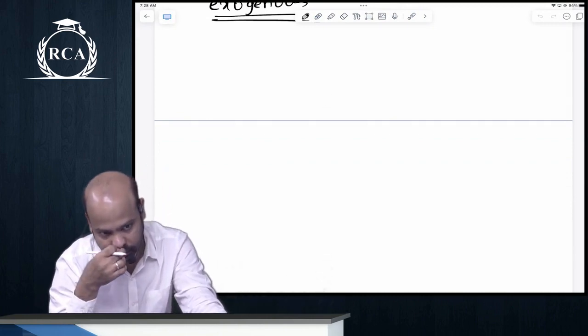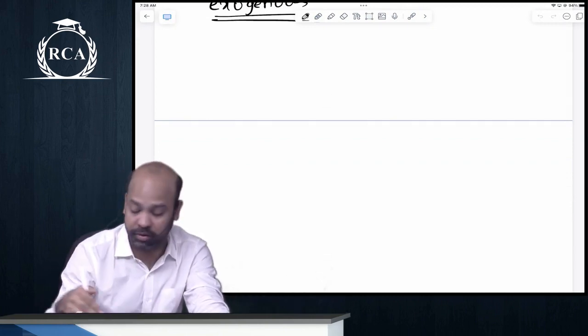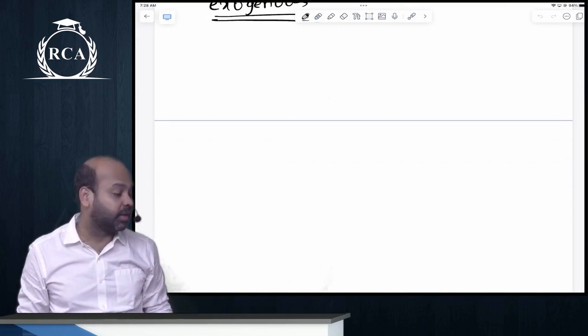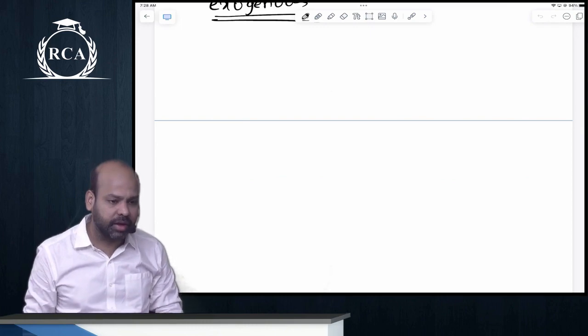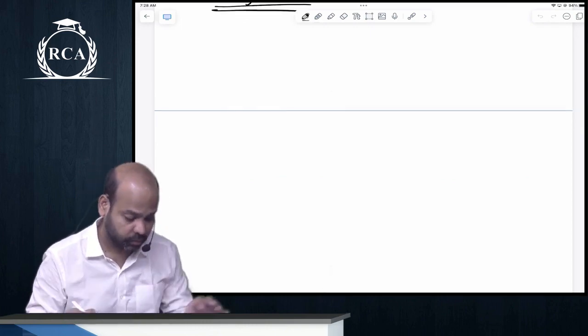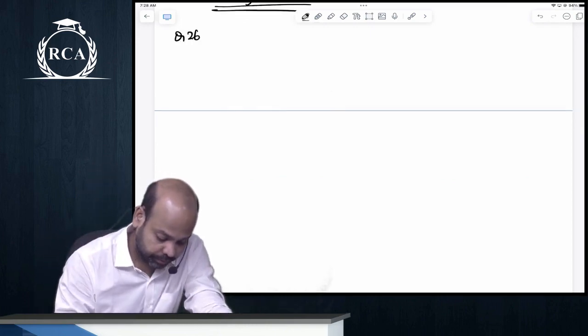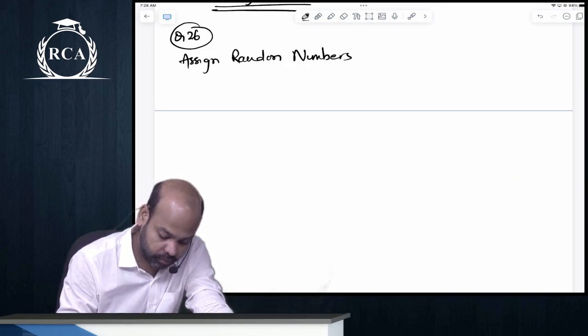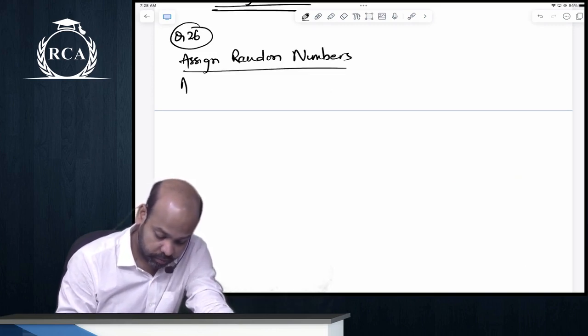First क्या करना है बेटा अपन को? Assign random variables. हाँ? These two itself are exogenous variables, better. Cash flow and project life itself are exogenous variables. Are we clear? Assign random numbers. Annual cash flow.